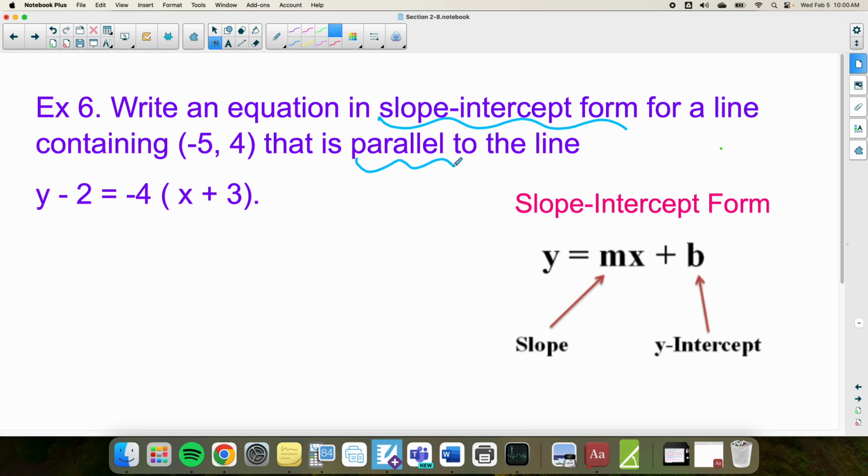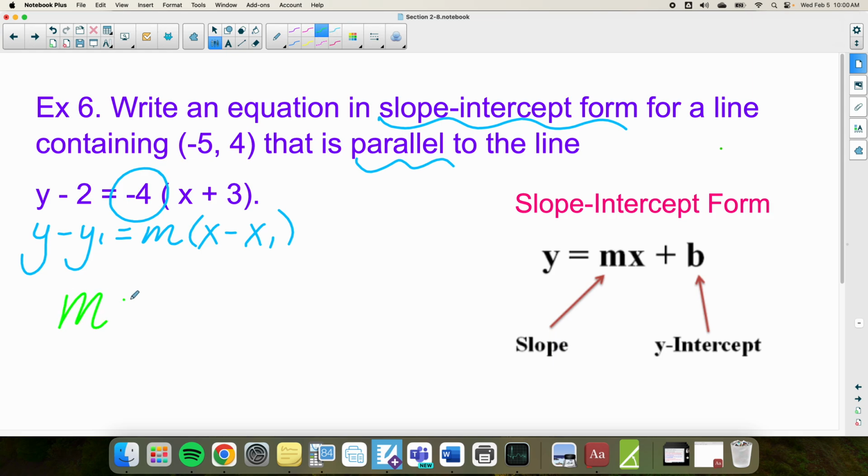Do you guys remember last Friday writing something in what was called point slope form like this, okay? The slope in point slope form is the number in front of the parentheses there. So what this is telling us is the slope of our line is -4, and then we never want to look at that line again, so I kind of cross that out.